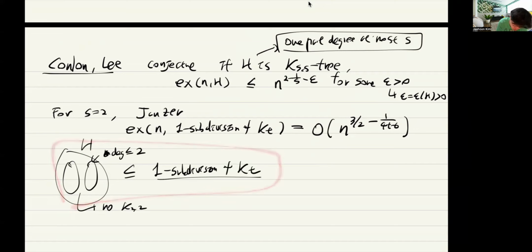It's not difficult to show this. So the Conlon–Lee theorem confirms this conjecture when s is equal to 2.